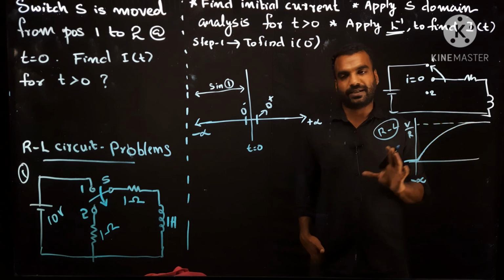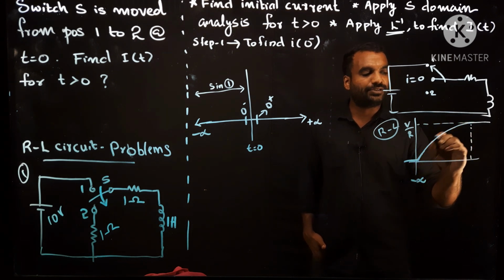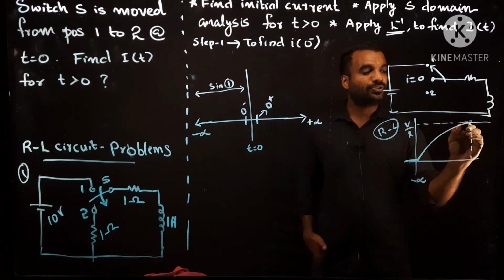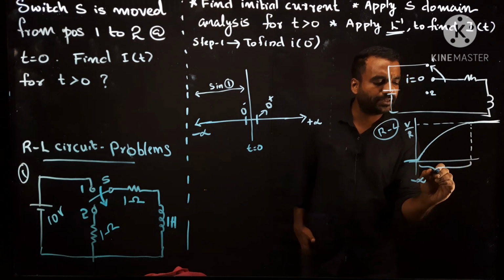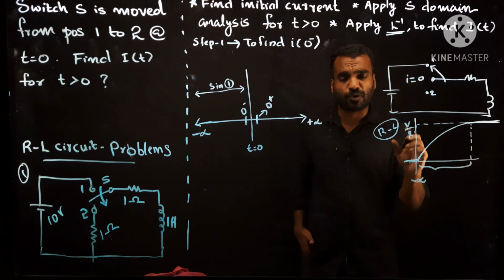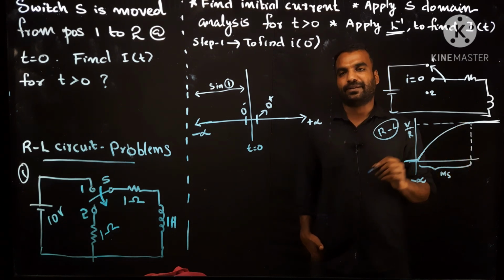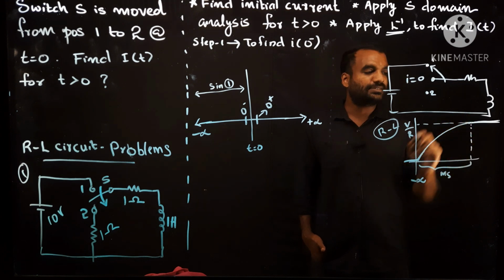So this is the current condition. Up to this time, the current is gradually increasing and will reach a steady value V by R. This is known as steady state. This time is very small, generally in milliseconds. The current will reach steady state.